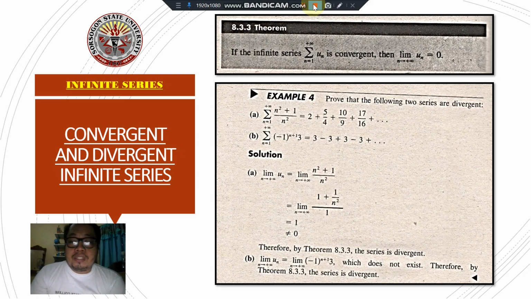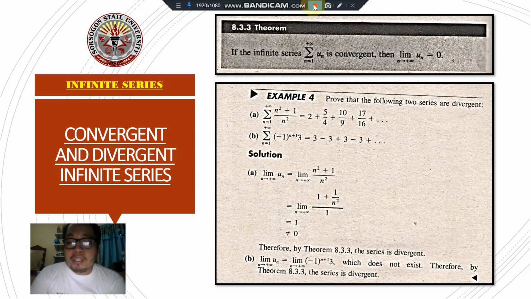Since for an infinite series to be convergent, the limit should be equal to 0. In this case it equals 1, so therefore it is divergent. So we are done proving the first infinite series is divergent.